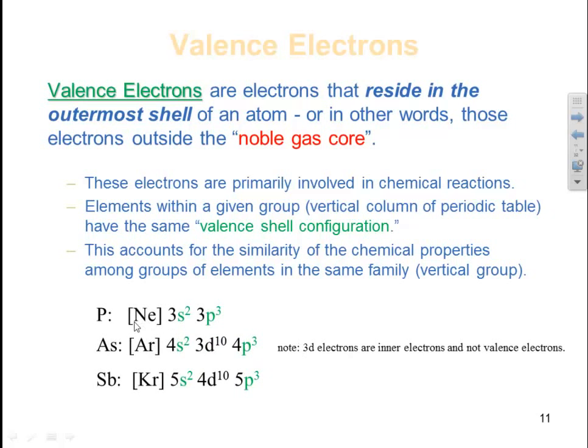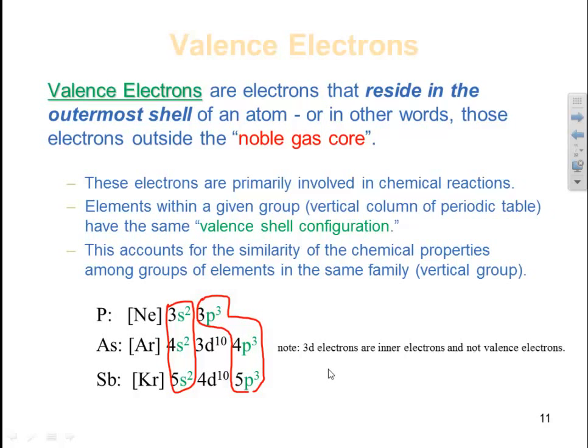Example: phosphorus, arsenic, and antimony are all in the same group, same column. Notice their electron configurations. They all have an s2 block filled, and they all have a p3 filled. Now the 3d10 and the 4d10, those are inner electrons and do not count as valence electrons.